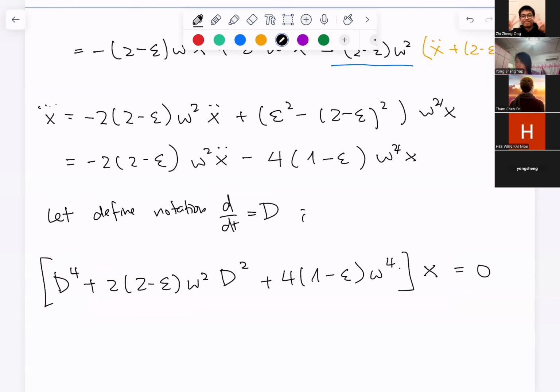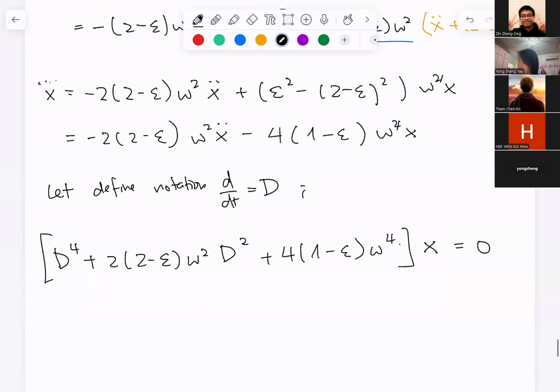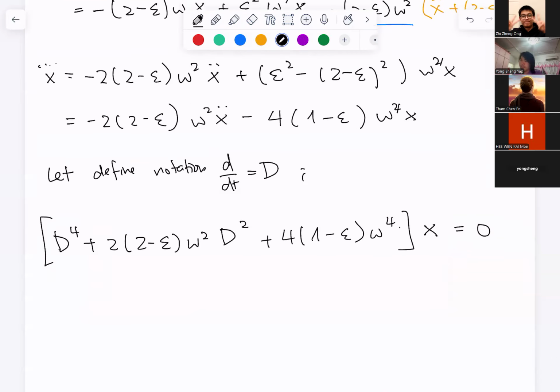Okay, so one fun thing to do is to do our same trick again and try to factorize this differential operator over here.